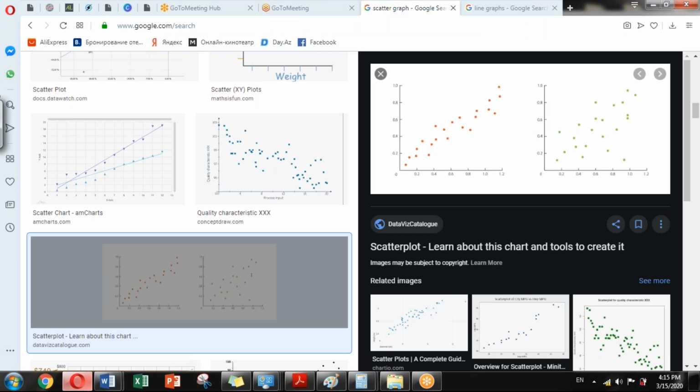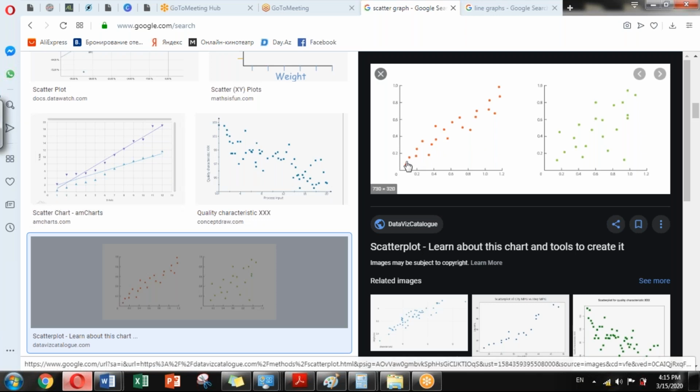So the relationship between two quantitative variables, we can show with dots or scatters, and that's called a scatter graph. And finally, we can join these scatters with a best straight line, and some dots can stay below this line and some above this line, and they are called anomalous results, but all of them are part of the scatter graph.